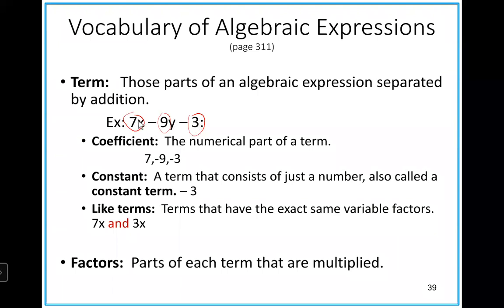In this case, it was 7. In this case, it was -9. Now it says like terms, terms that have the exact same variable are called like terms. So 7x and 3x, the variable is the same, so they are like terms. So you can add and subtract them together in algebra, but if they are not like terms, you cannot add or subtract them. Okay.